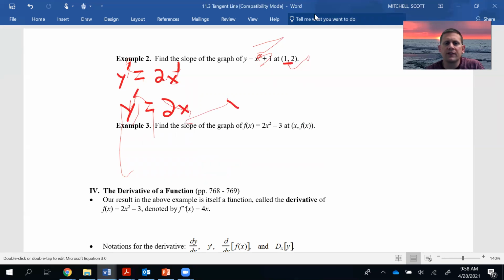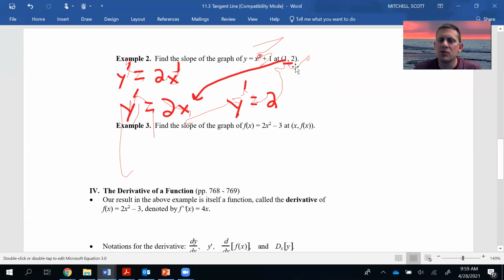So the slope of the tangent line at that place, the derivative is 2 when you plug in the 1. So what that means is at that particular point, at 1, 2, if I make a graph at that spot on my graph, the slope of the tangent line is 2.